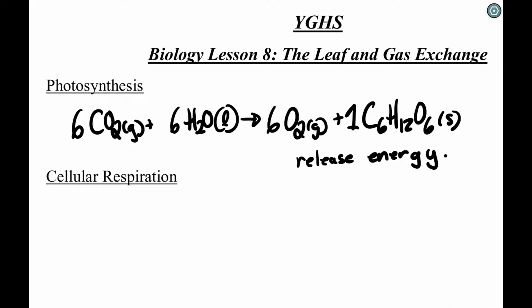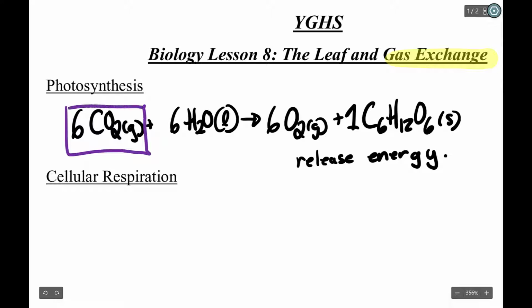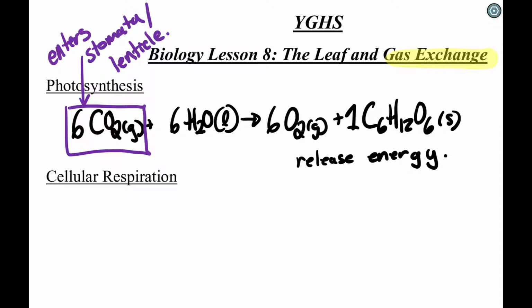So when we talk about gas exchange, we have a gas here so far, which is the carbon dioxide. The carbon dioxide has to enter the leaf because that's where photosynthesis happens. We want the gas coming into the plant as close to where the photosynthetic process happens. So the CO2 actually enters through the stomata in the leaf, or it could also be in a lenticel in the stem or in the bark of the plant.